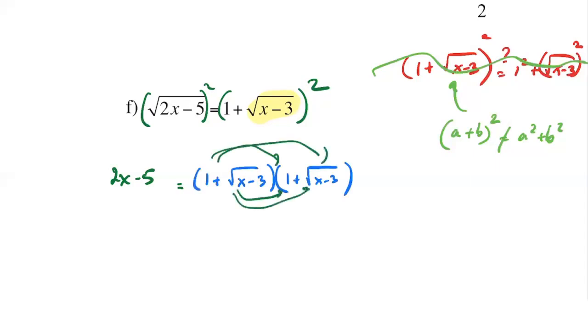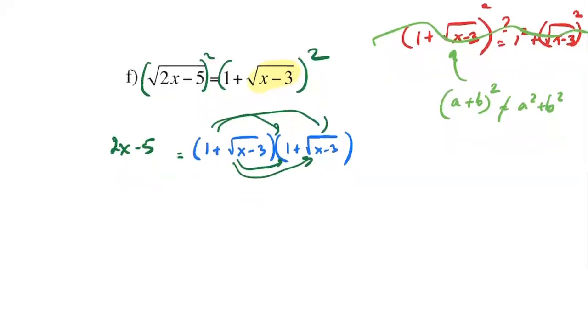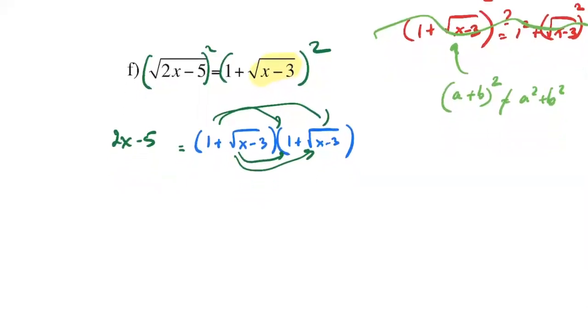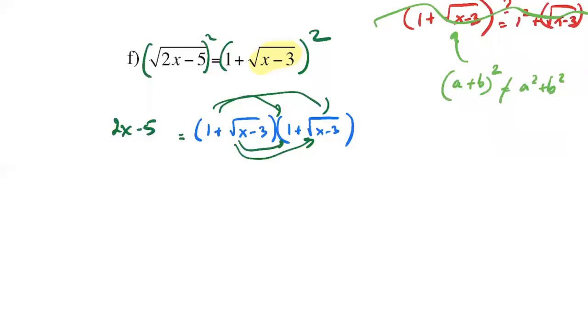This work is from the previous lesson, I think 7.5 or 7.4. So you do have to FOIL this carefully. Once you FOIL this, you separate the radical term again and then square both sides one more time.